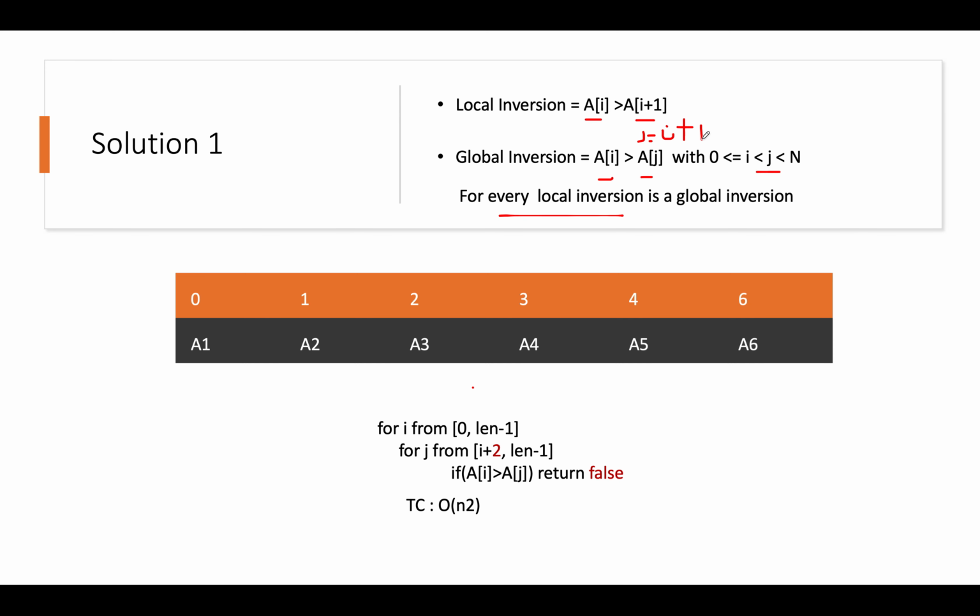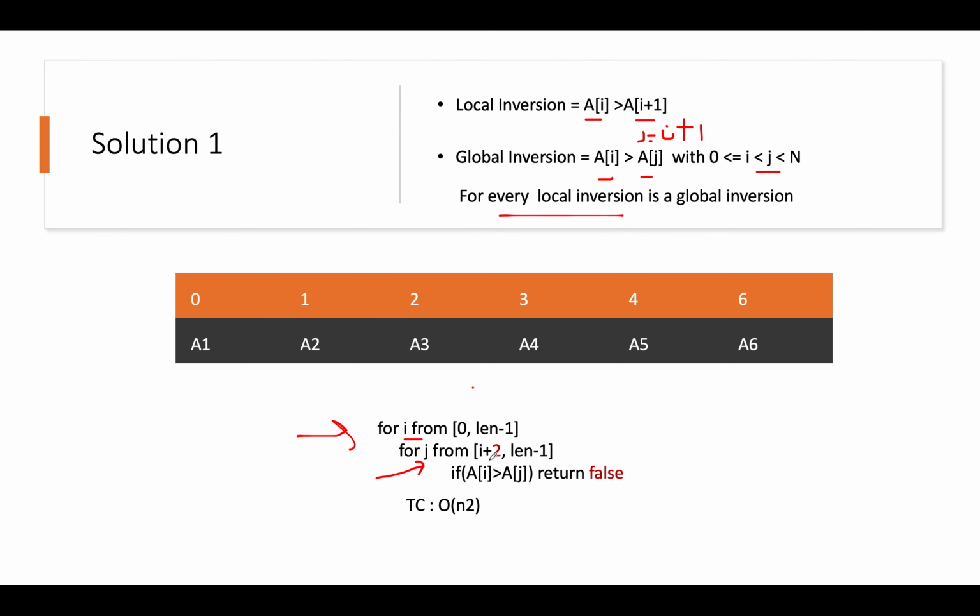Let's reduce the problem to finding only those places where this condition is not met. For example, let's start an iteration of i from 0 till len minus 1, and this time we'll start the iteration of j from i plus 2 places, because let's forget about i plus 1.